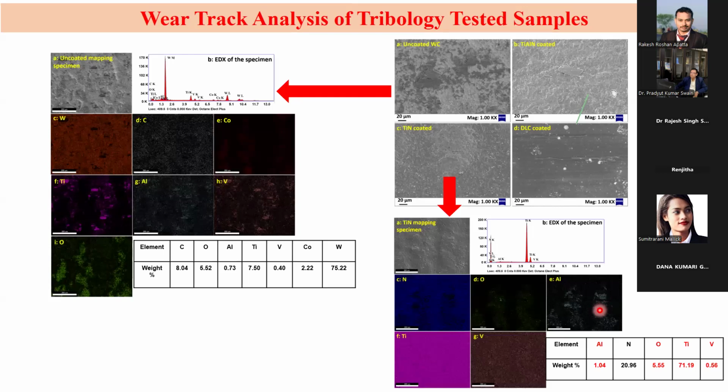That is the reason, because titanium and aluminum are there in both mating surfaces, one on the workpiece side and one on the tool side. Similarly, you can say one is the pin side and the other is the plate side. Therefore, similar material easily transfers from one surface to another surface. So these results came.